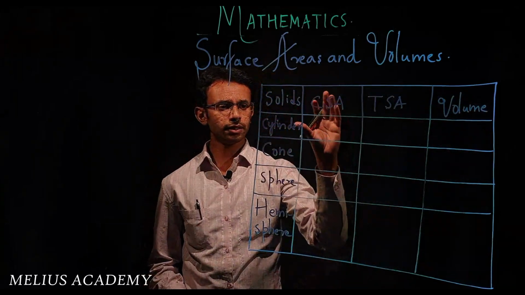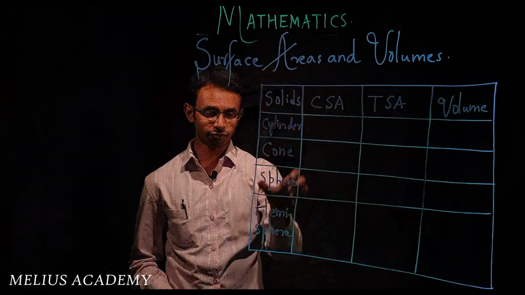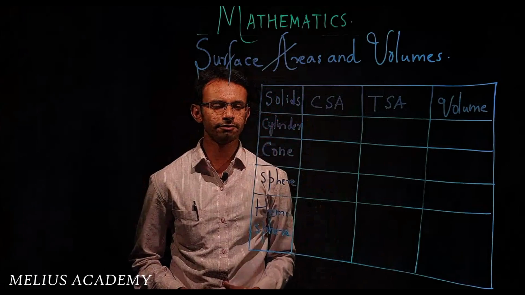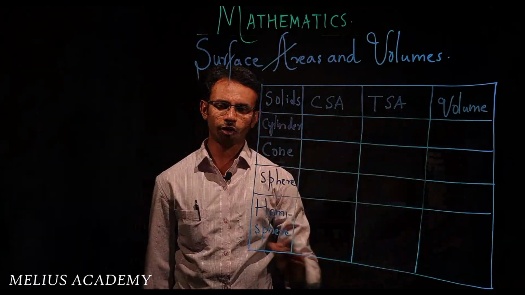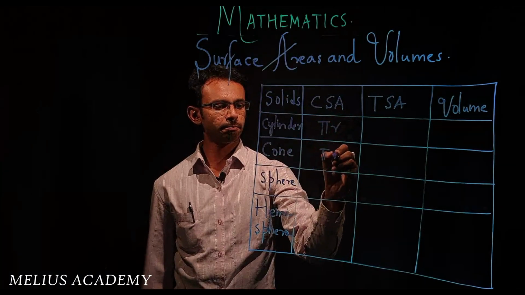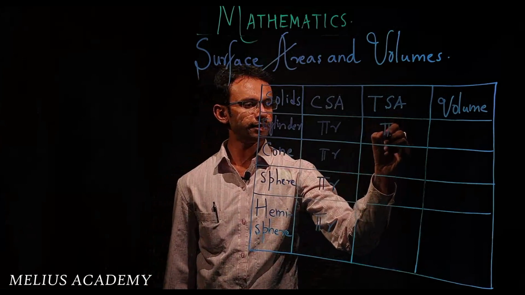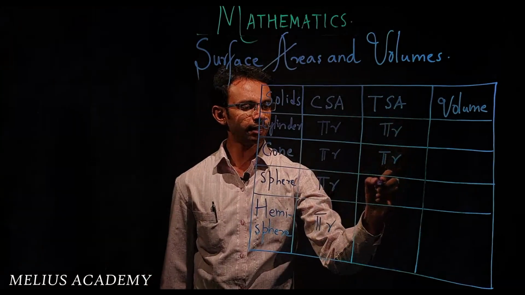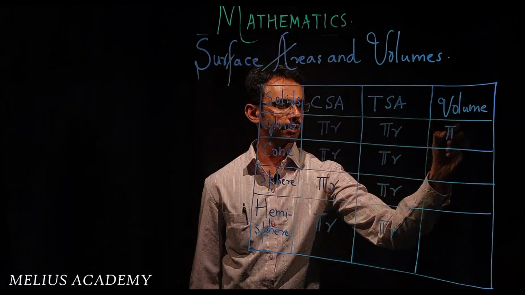To learn CSA, TSA and volume of all these 4 solids in the best possible way, follow these instructions. You need to fill all the boxes with pi r first. Pi r, pi r, pi r, pi r. For TSA also fill with pi r, because in all formulas you will see this pi r.